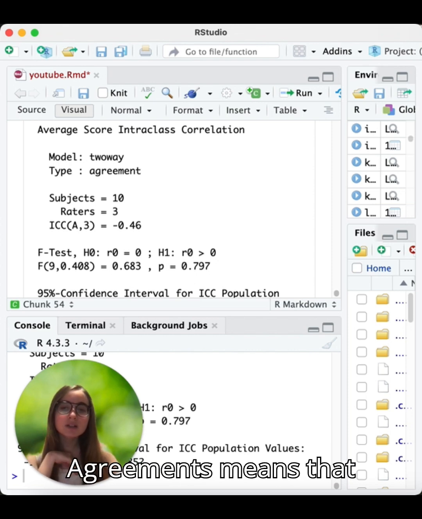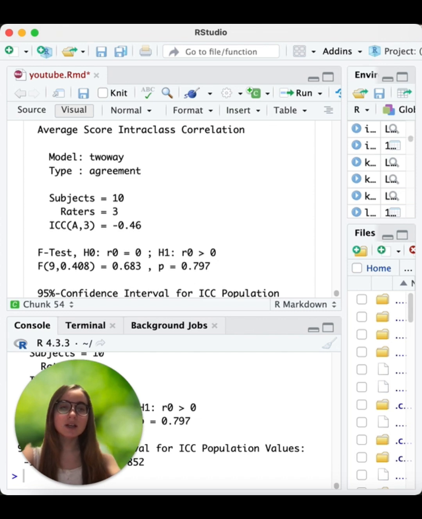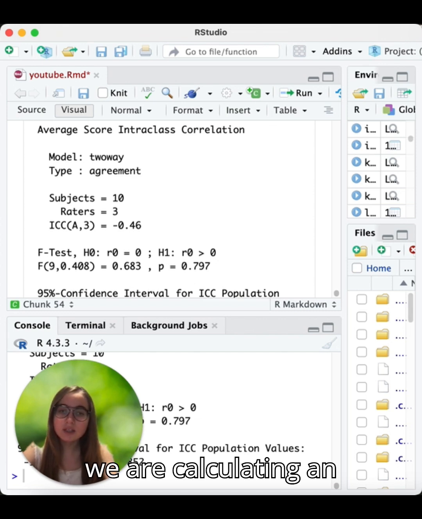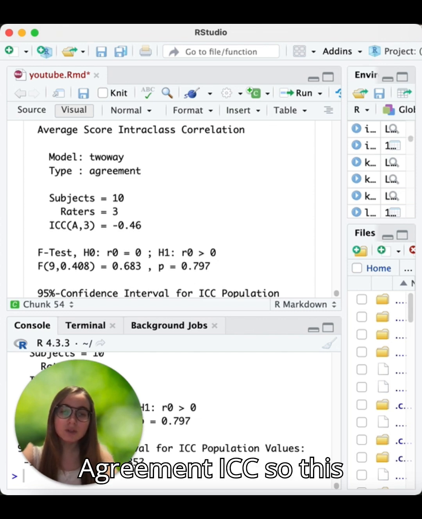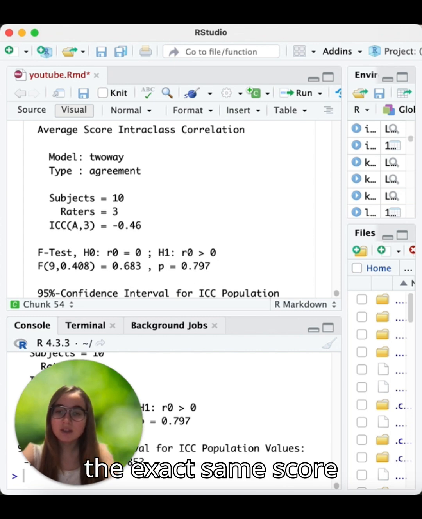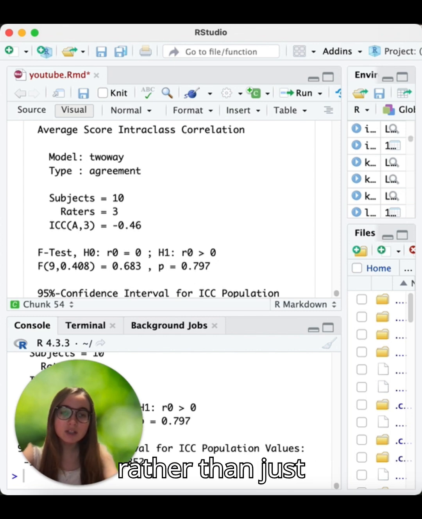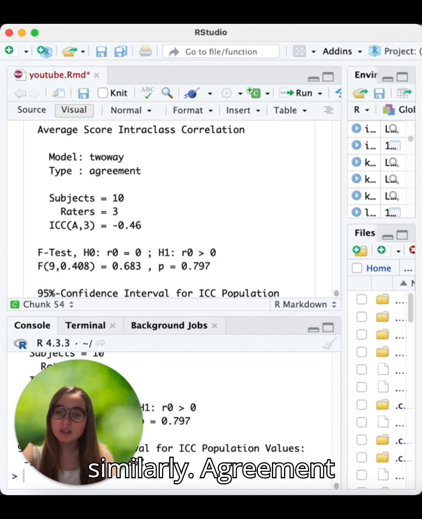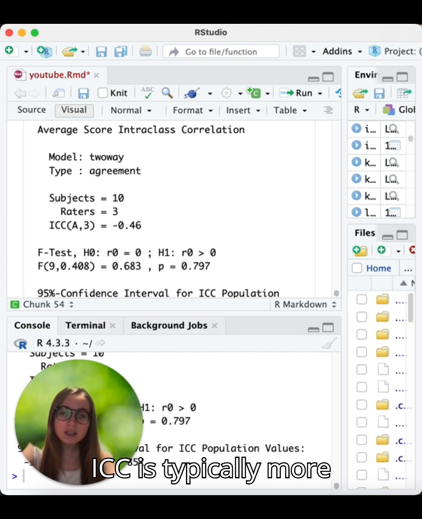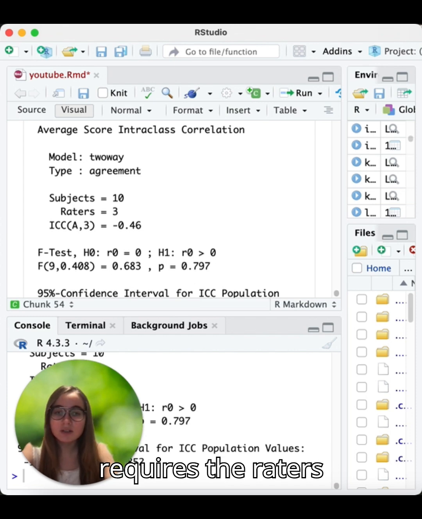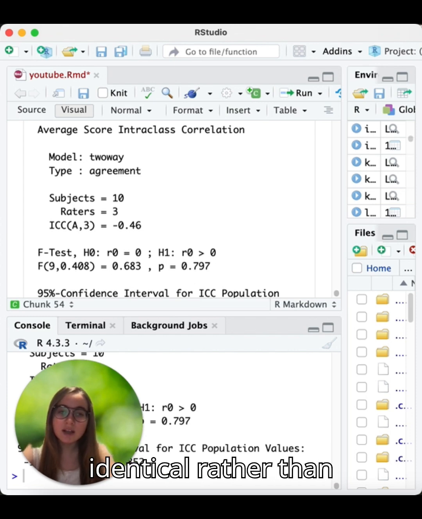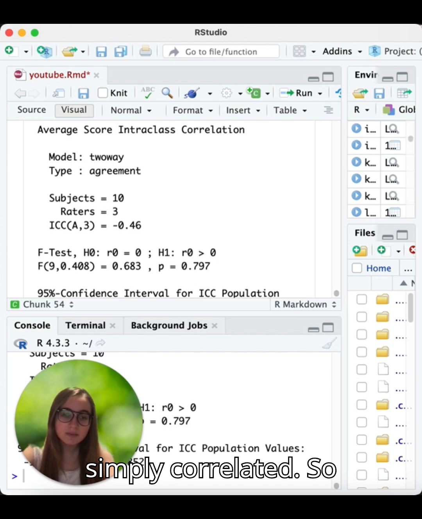And then the type agreement means that we are calculating an agreement ICC, so this measures the extent to which raters give the exact same score rather than just being consistent in ranking subjects similarly. Agreement ICC is typically more stringent than consistency ICC, as it requires the raters' scores to be nearly identical rather than simply correlated.